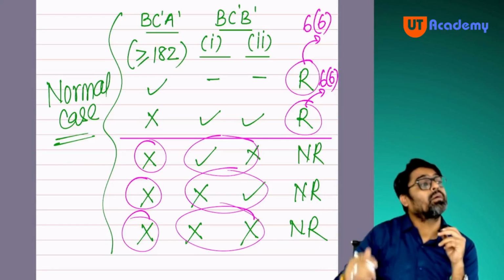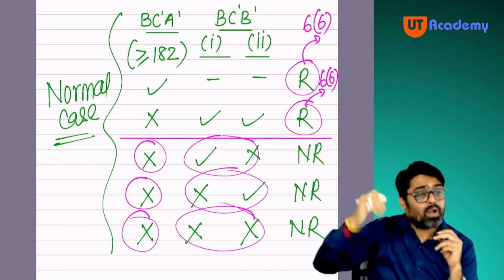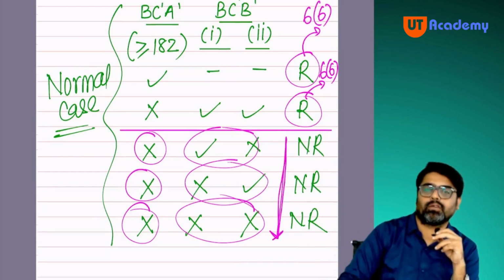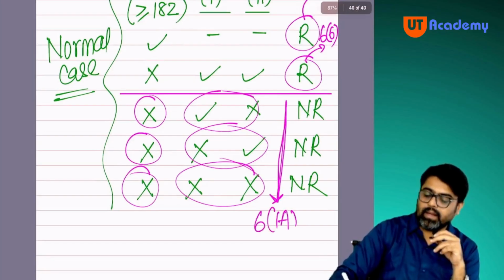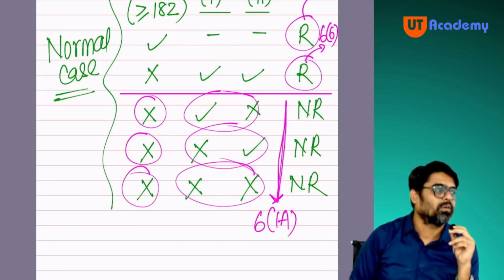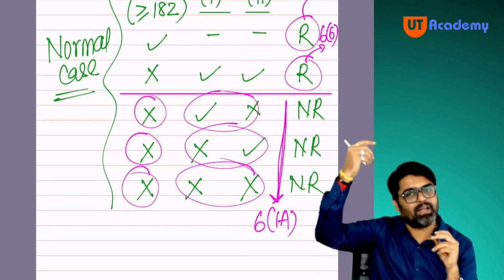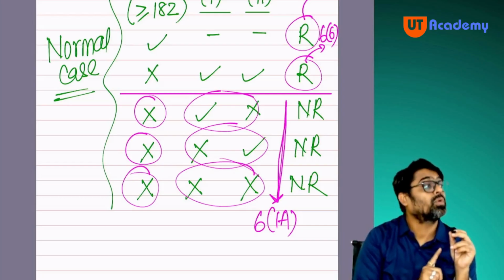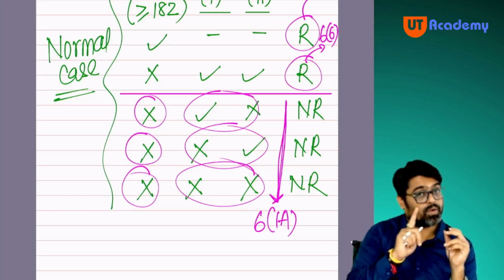You will become a non-resident, but before that a hurdle will come. And that hurdle is 6.1a that we are going to check. So we are supposed to see two things: 6.1a and additional conditions. Yes or no? This will happen if you are covered by the normal case.